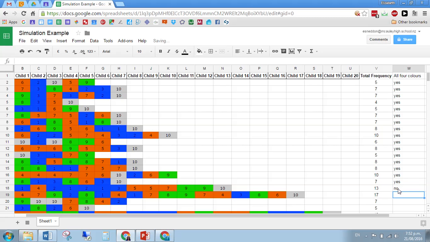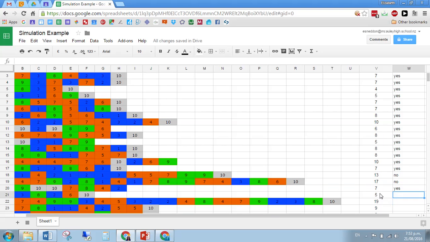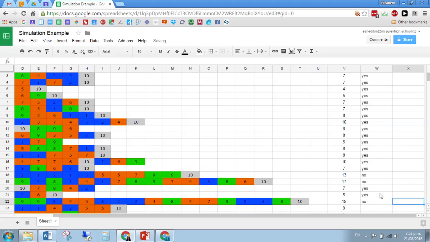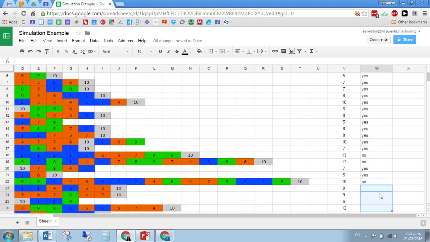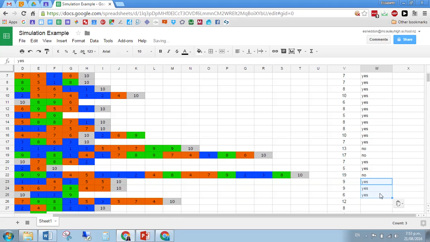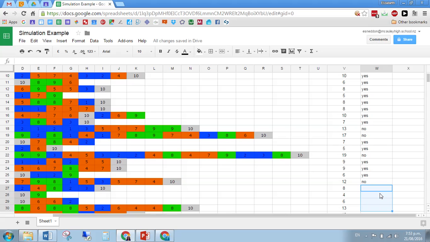And the answer is no. The same with this one, they needed to get to 17 children before they did, so again that criteria is going to be no. Any time there is a number that is 10 or less, I can say yes, they achieved it. If it is greater than 10, then obviously no, they didn't meet the criteria.